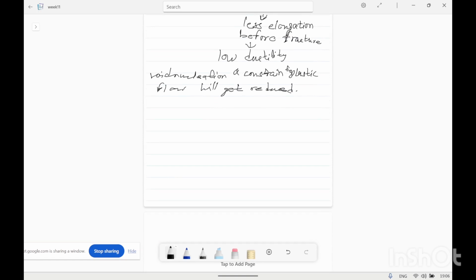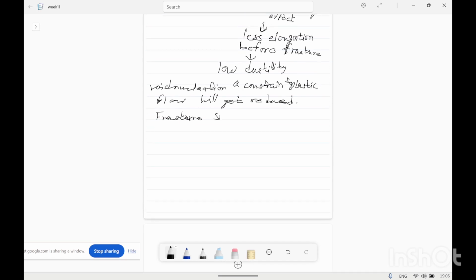So the fracture surface of composite materials can be identified by simple features in a ductile matrix. For the ductile matrix there will be voids and dimples, and matrix necking to a knife edge.